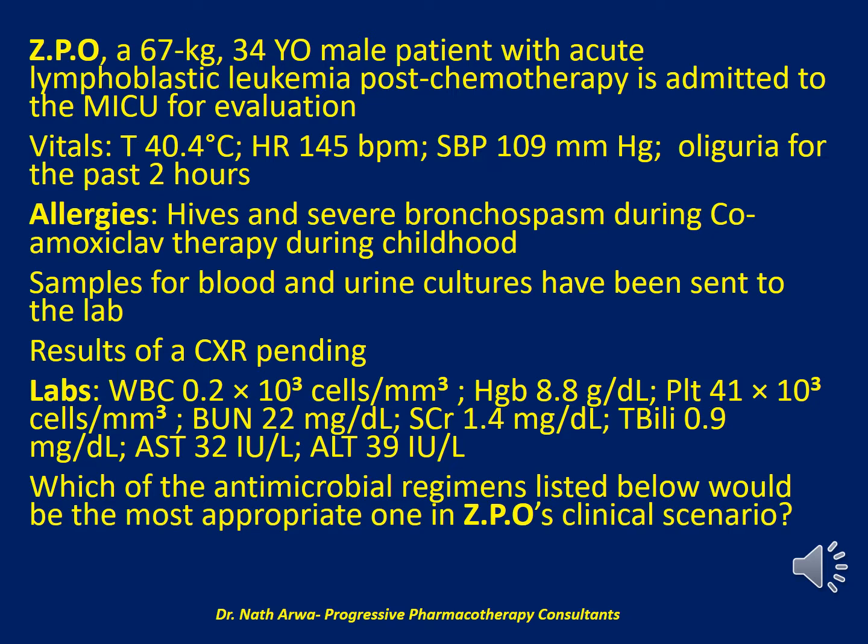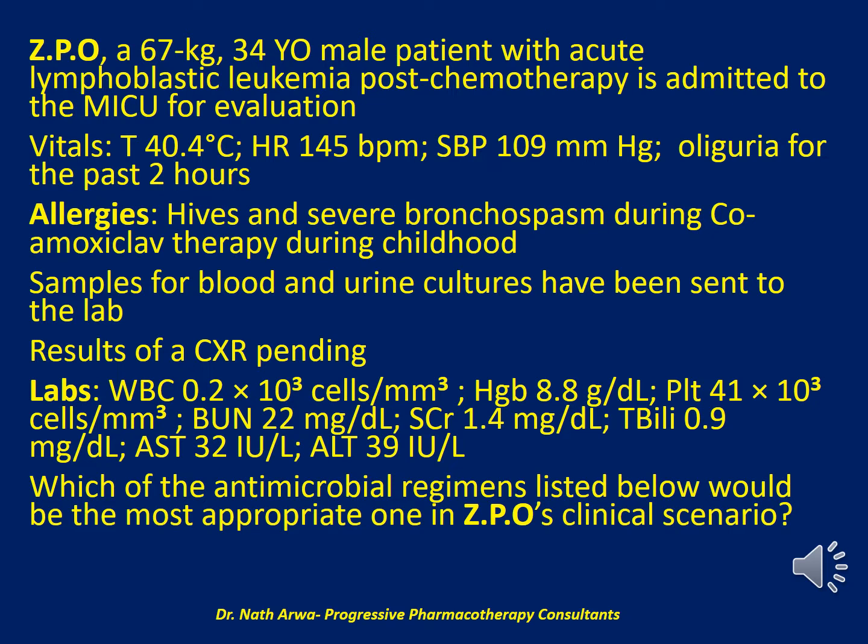His pertinent labs include a WBC of 0.2 × 10³ cells per millimeter cubed, hemoglobin of 8.8 grams per deciliter, a platelet count of 41 × 10³ cells per millimeter cubed, a BUN of 22 mg per deciliter, serum creatinine of 1.4 mg per deciliter, a total bilirubin of 0.9 mg per deciliter, AST of 32 international units per liter, and ALT of 39 international units per liter.